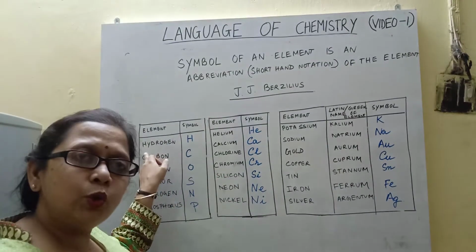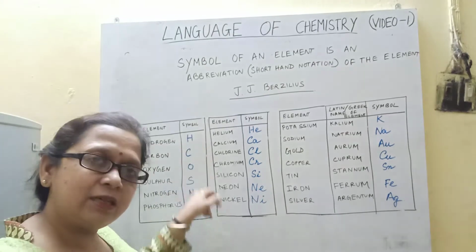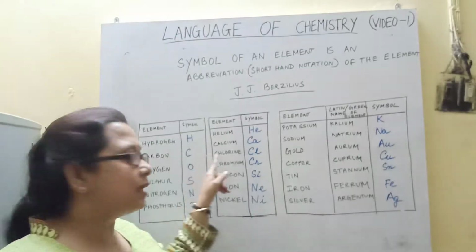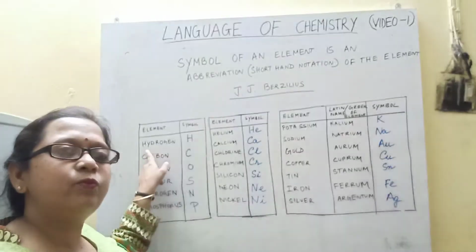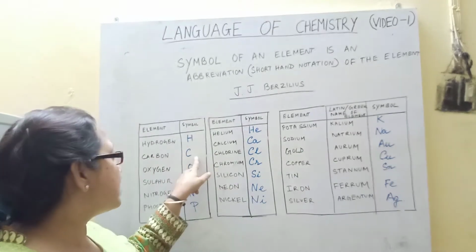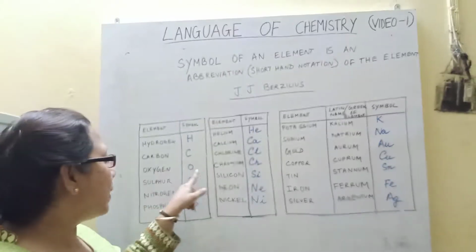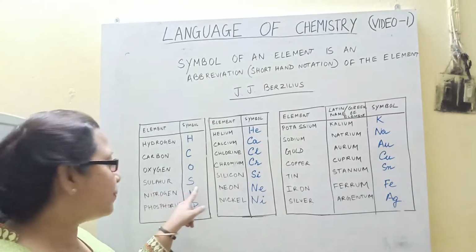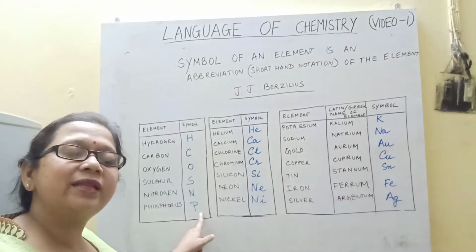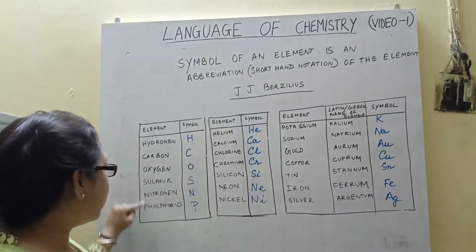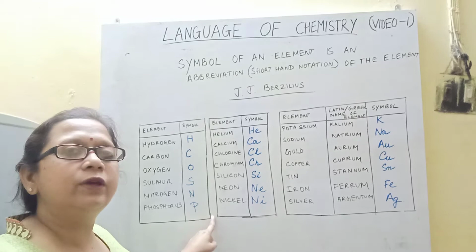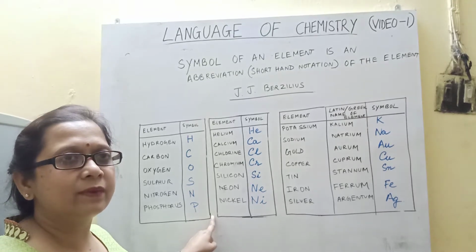We use the first letter of the name of the element as the symbol, like hydrogen is represented by capital H, carbon with capital C, oxygen capital O, sulfur capital S, nitrogen capital N, and phosphorus with capital P. All of them use the first letter of the name of the element.